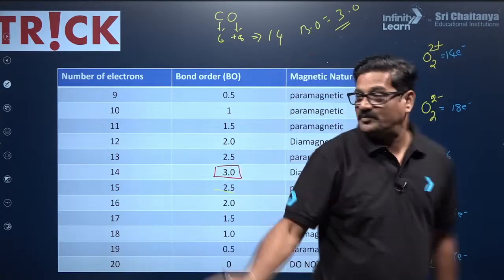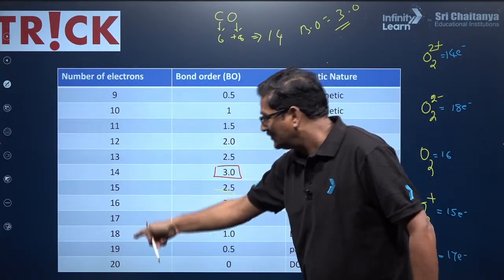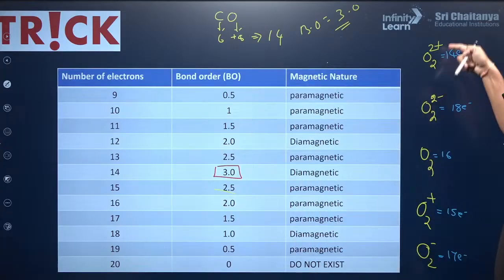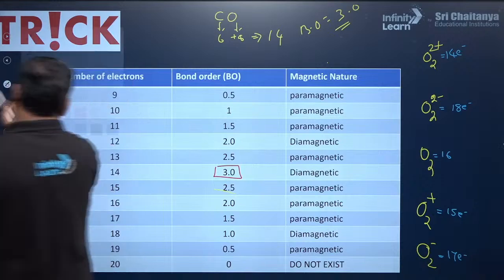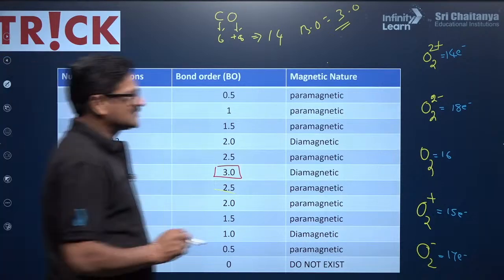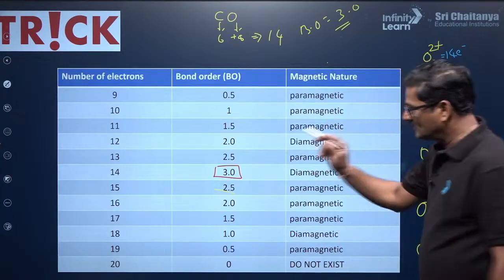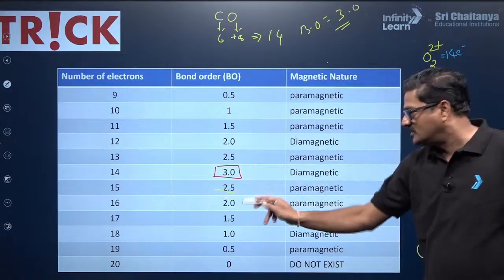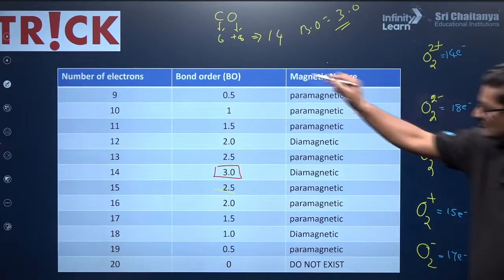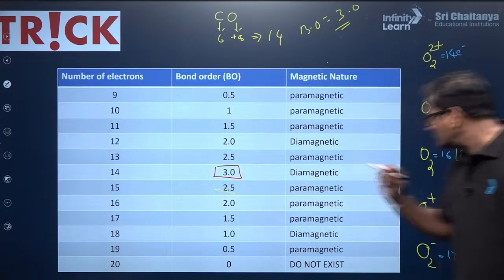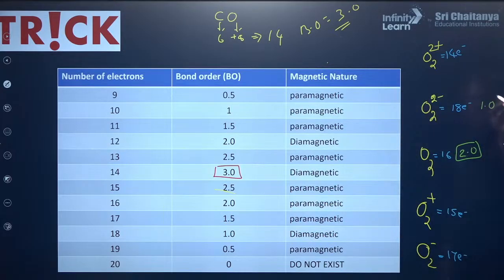Now, you simply see the number of electrons and you can say what the bond order is. What is the bond order, my dear children? For O2, 16 electrons means the bond order is 2.0. And 18 electrons, 1.0.